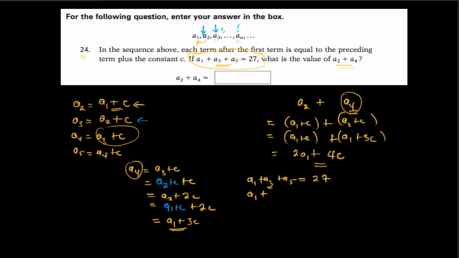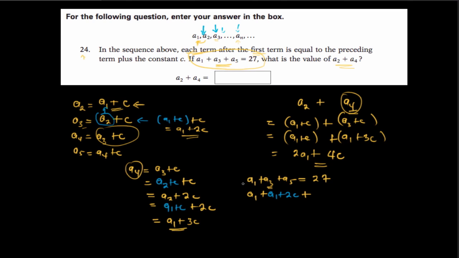Now A3 equals A2 plus C, and A2 is the same thing as A1 plus C from what we have up, then plus C. So this is going to give us A1 plus 2C. So therefore my A3 now equals A1 plus 2C. So instead of writing A3, I'm going to write A1 plus 2C.